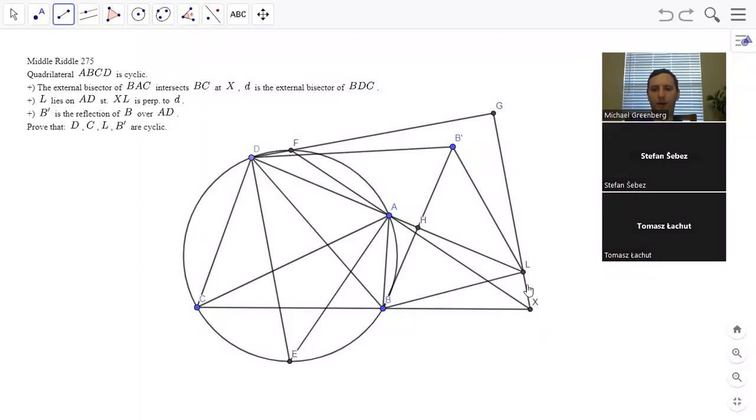And then we drop a perpendicular from X to the external bisector BDC, and we let it meet AB at L. And then we reflect B over AB to get B prime, and we want to show DCL B prime is cyclic. And Stefan showed that that's the same as showing angle DBL plus angle DCL is 180. That's not hard to see because this is a kite right here.